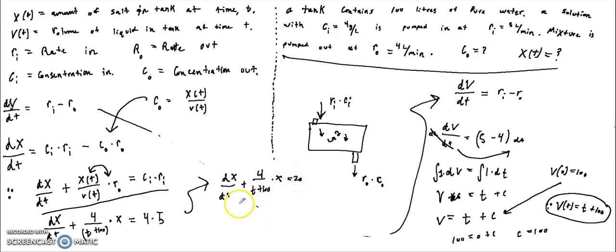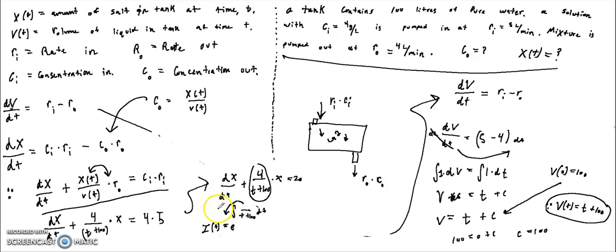And we have this in integrating factor form, so we can find our integrating factor as just e to the integral of 4 over t plus 100 dt. And with the 4, we can just move it to the outside because it's just a constant.